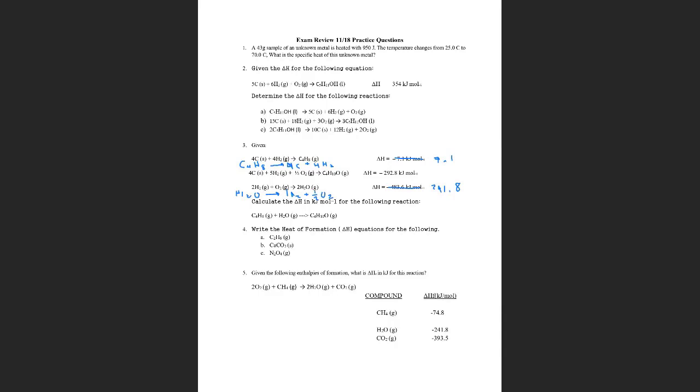Okay, so is everything where we want it at this point? Yeah, and then what are the things that we need to cancel out? Yeah, everything except the 3 in the final equation. So that's your H2 and our O2.